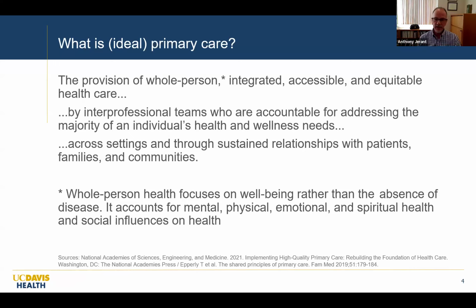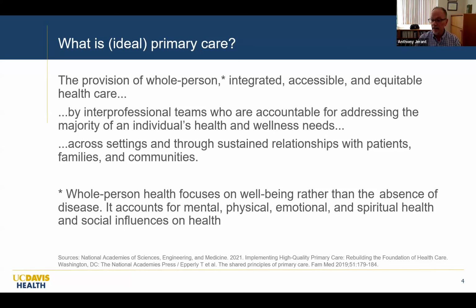It's considered to be the provision of whole person, integrated, accessible, and equitable care by interprofessional teams who are accountable for addressing most of the health and wellness needs of an individual. And that's going to happen across settings and through sustained relationships with not just patients, but also families and ideally communities. And that whole person focuses on well-being primarily rather than just the absence of or control of disease. So I think people are pretty familiar with that.